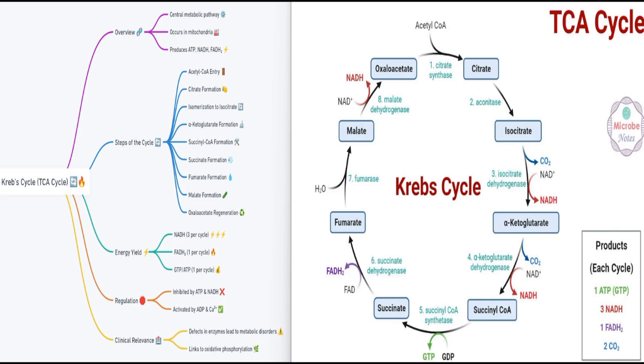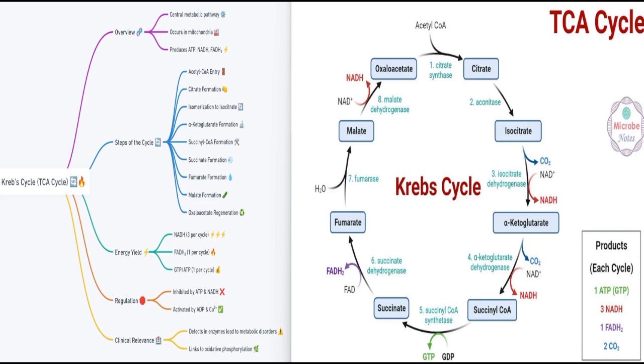Right, so the key enzymes involved: from pyruvate to acetyl CoA, pyruvate dehydrogenase is involved, where NADH is produced.